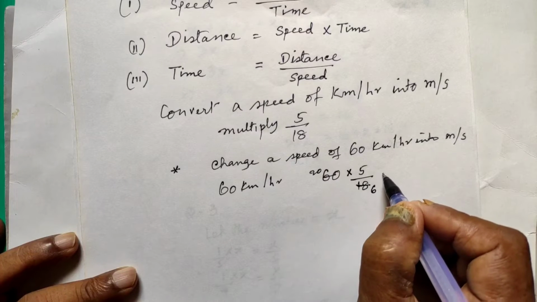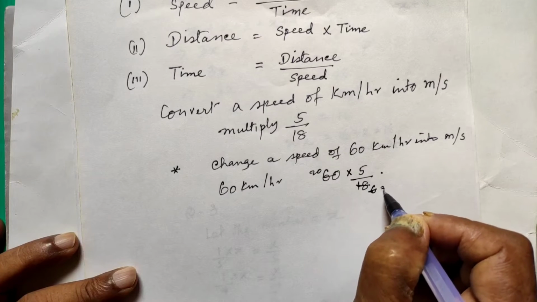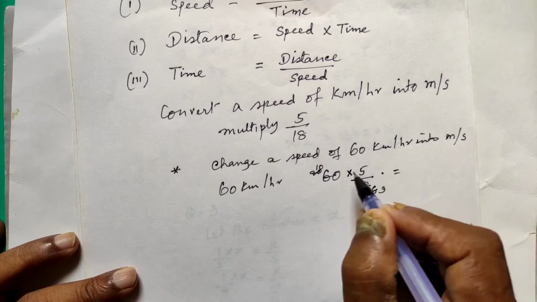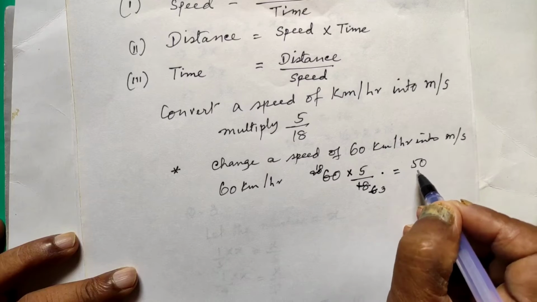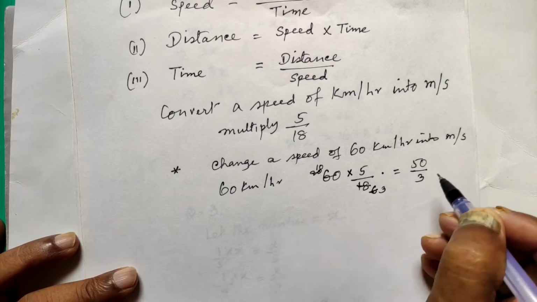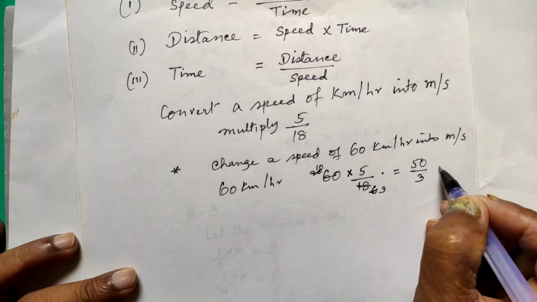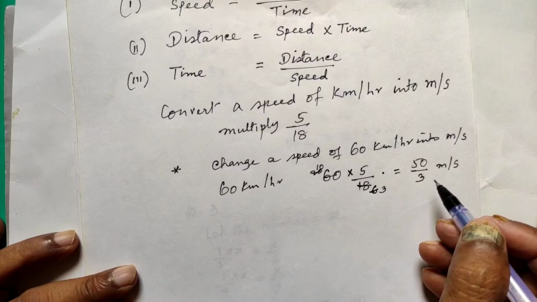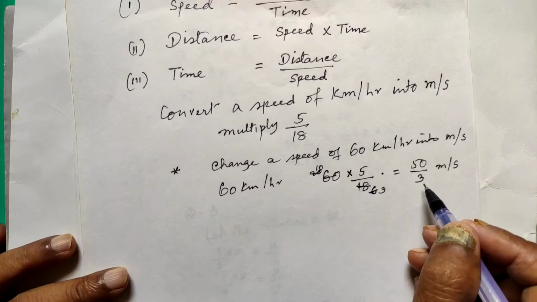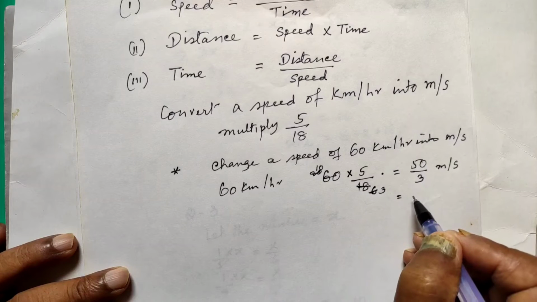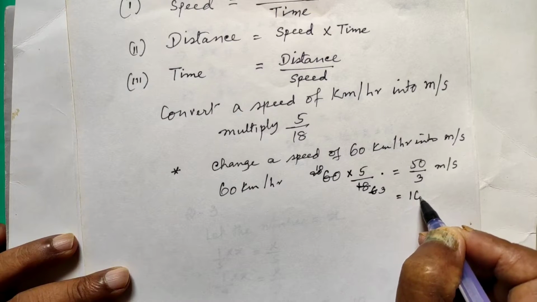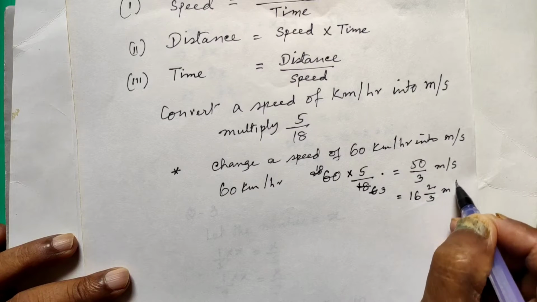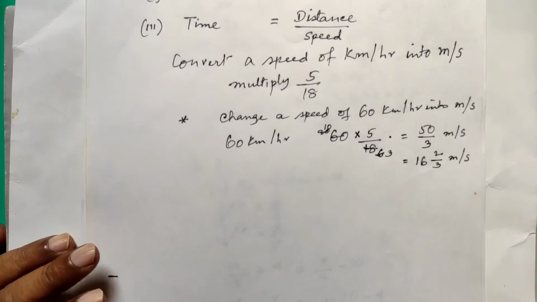Then again you can cancel this 3 and this 10. Then 10 fives are 50 by 3 meter per second. Now if you convert it into a mixed number, it is 16 2/3 meter per second. So, this is the way you have to do it.